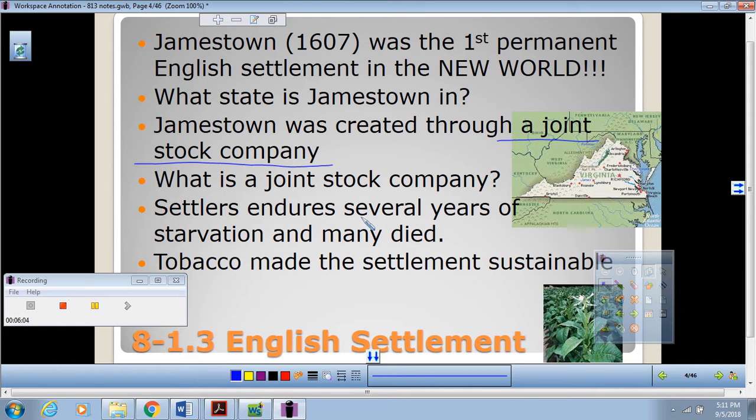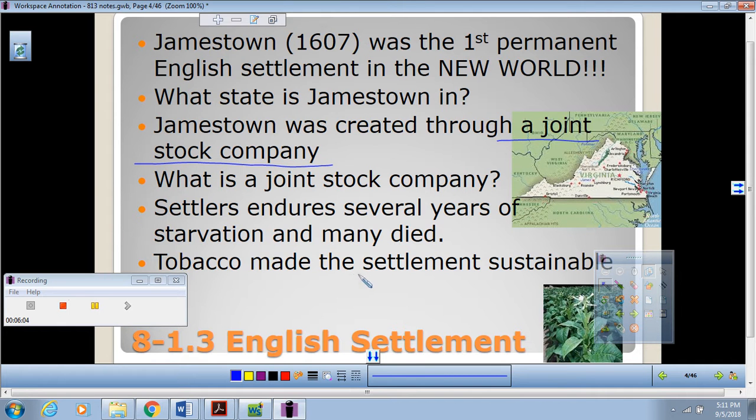The settlers endured several years of starvation, and many died. As was mentioned already before, there is a rumor that perhaps they had to revert to cannibalism.